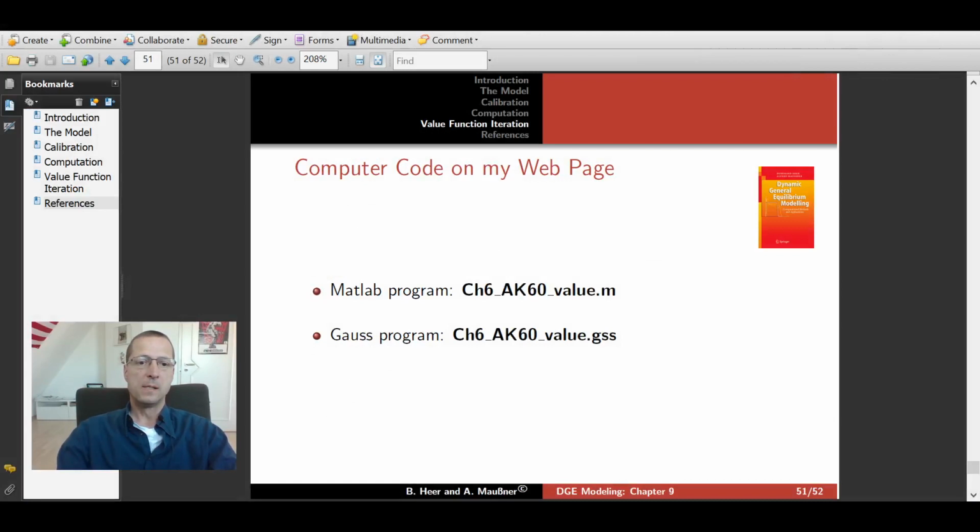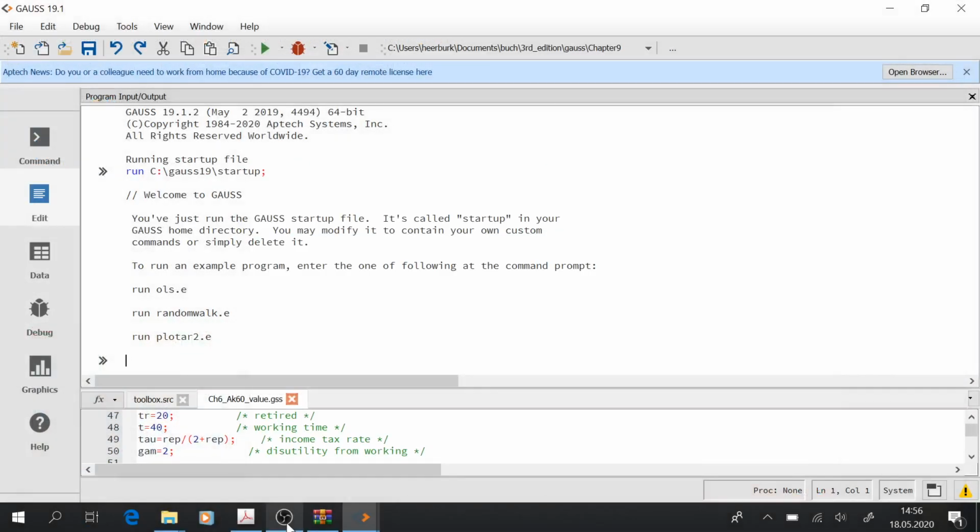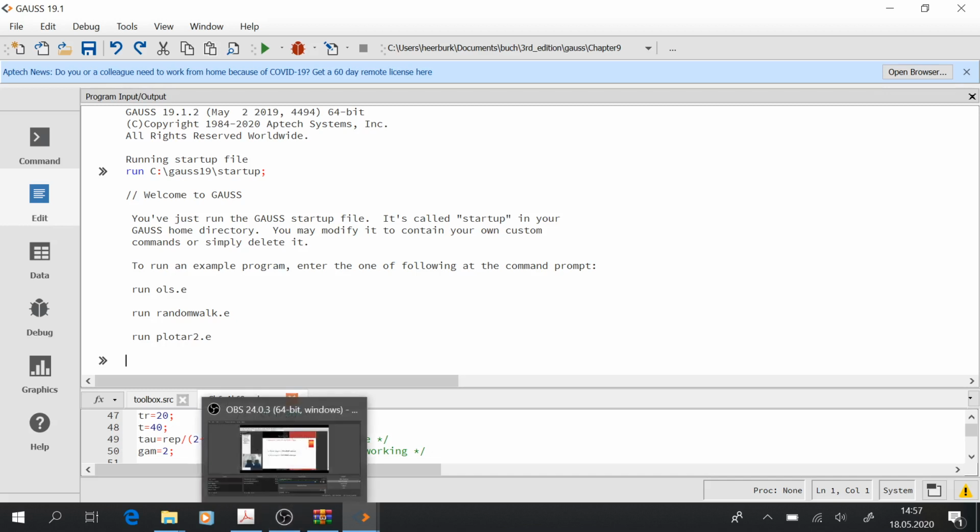All right. So let me switch into the GAUSS editor. If you have not already opened your GAUSS editor and loaded the program chapter 6 ak60value.gss into your editor, please pause the video at this point and take your time to get all the material ready.